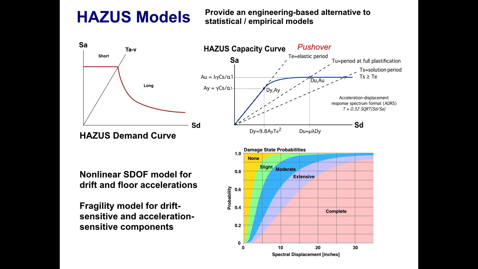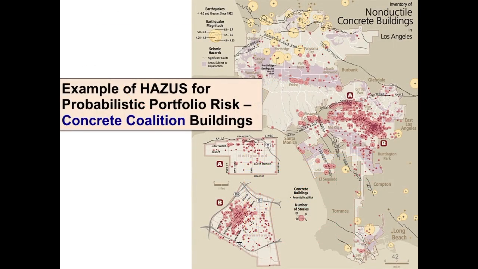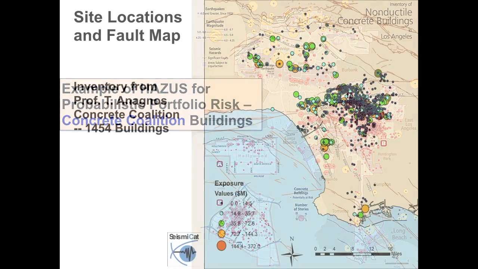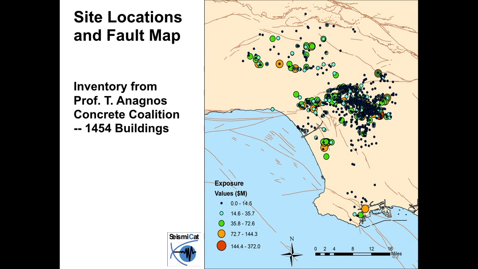Here's an example of the use of HAZUS for probabilistic portfolio risk assessment. These are the Concrete Coalition buildings that are so famous in LA. We took the inventory from Professor Anagnos from the Concrete Coalition, 1,454 buildings, and pulled them into our seismic risk software.